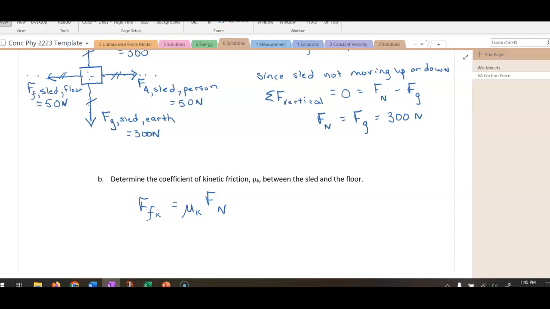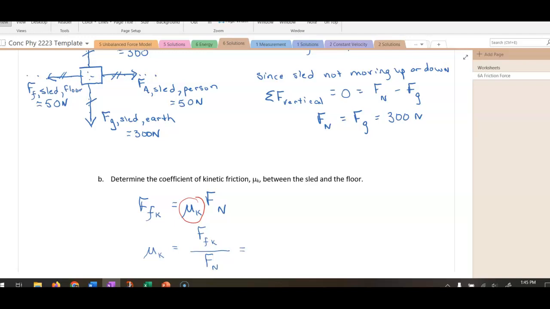And so here I'm trying to solve for the coefficient of kinetic friction, and so I'm going to divide both sides of this equation by the normal force. So that's going to equal the ratio of the kinetic friction force divided by the normal force.